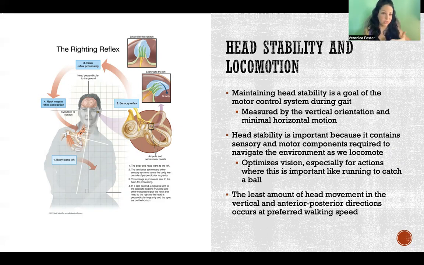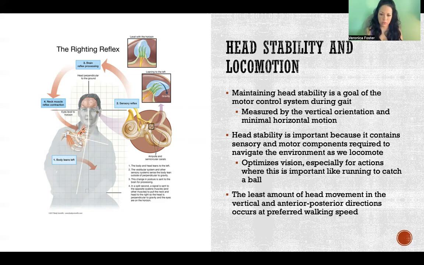Think about the vestibular apparatus and your equilibrium, your vision, and your ability to maintain focus on images in front of us, so that we're not tripping. Less head movement is better in terms of getting our sensory feedback and sending it back to the brain in an accurate way. So keeping the head stable optimizes vision.